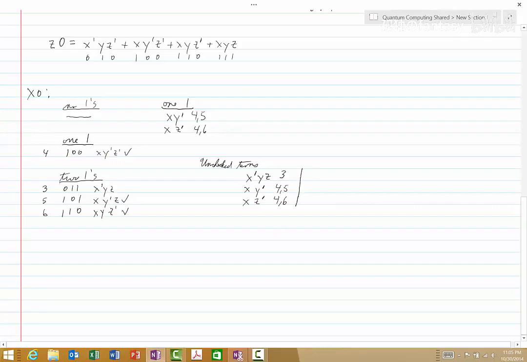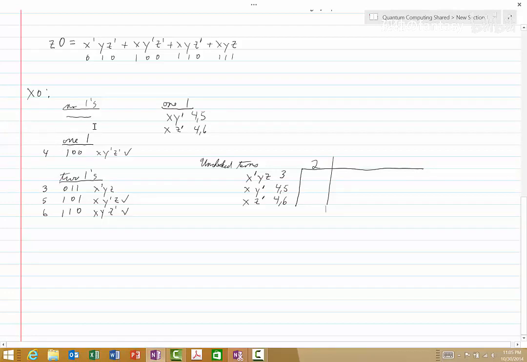So there is our vertical listing of all the unchecked terms, and now on the top we want to list horizontally all the terms that are in the function. Now this first one, 0, 1, 0, that is 2. Where did that go?